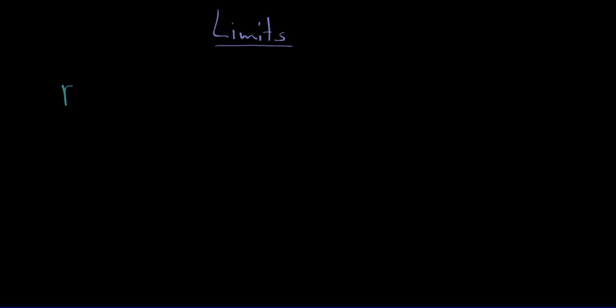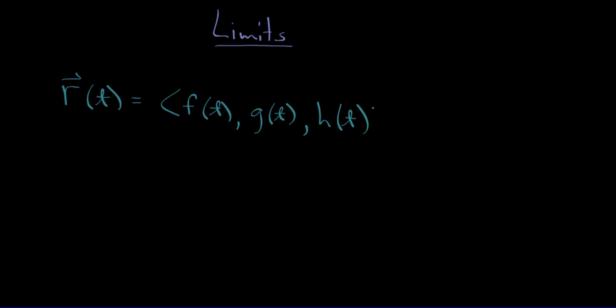If you've got a vector valued function with f of t, g of t, and h of t, and you want to talk about the limit, and remember, we're just introducing it here, let's suppose I have the limit as t goes to a of this vector valued function.